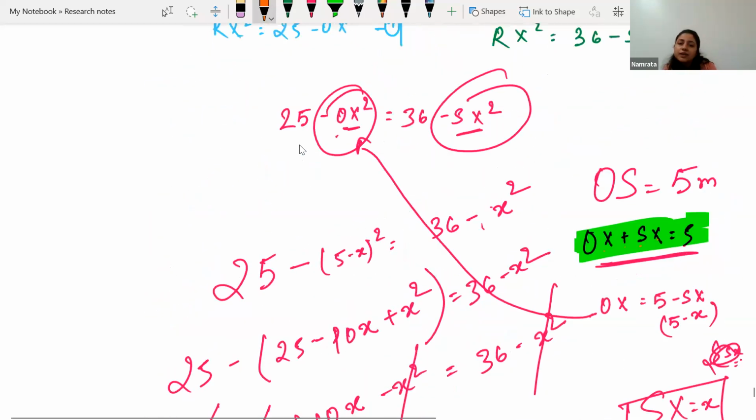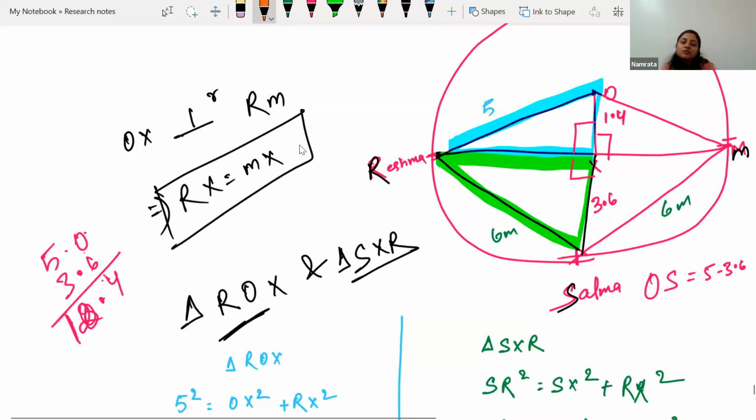Okay, did we want to find OX? No. We want to find this RX so that we can find the distance between Reshma and Mandeep. Since we have got OX, we will easily be able to find RX again by using this triangle Pythagoras theorem. So if this is 1.4, we can say that RX will be under root 5 square minus 1.4 square. We have to do this calculation to find RX.